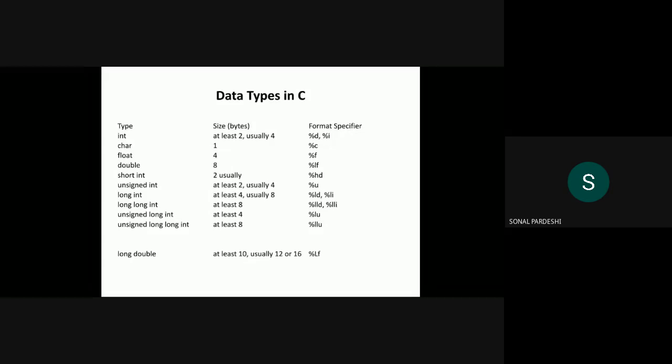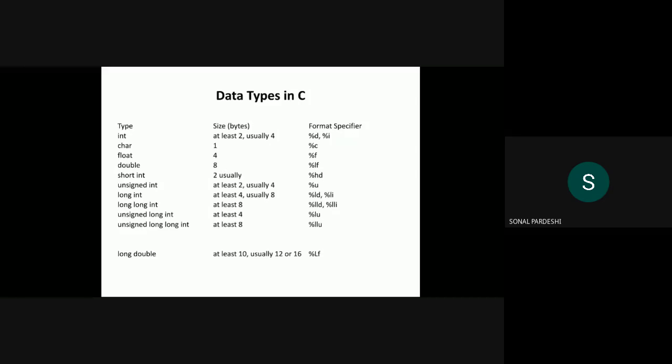For example, if you are executing your program on a 32-bit operating system, the size of the integer may be 2 bytes. And if you are executing your program on a 64-bit operating system, the size of the integer is 4 bytes. This is one factor. Another factor is the compiler. Compiler is nothing but the editor on which you are executing your program.